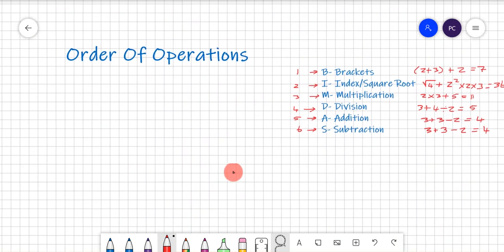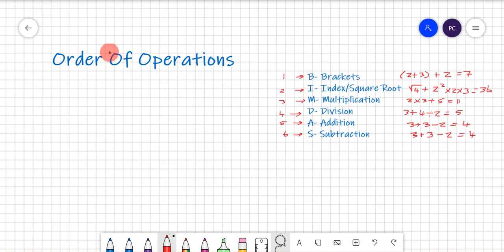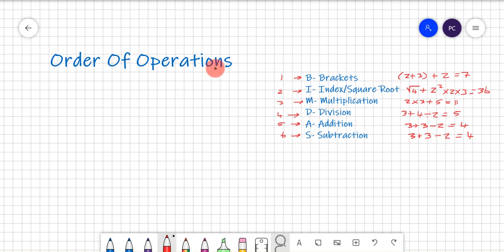What this order of operations tells you is, when you have a problem that has multiple parts and multiple operations, so it might have brackets, index, multiplication, division, addition, and subtraction, it gives you a logical way of working it out. So you always do what's inside brackets first, then you do index and roots, then multiplication, then division, then addition, and then subtraction. And that's what's known as the order of operations.